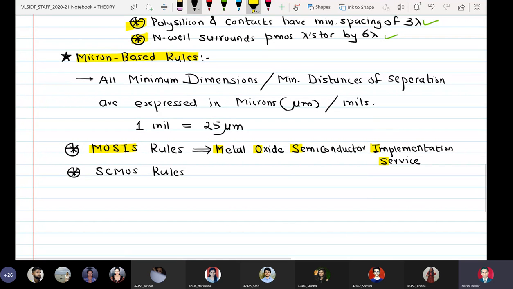And SCMOS stands for scalable CMOS rules.